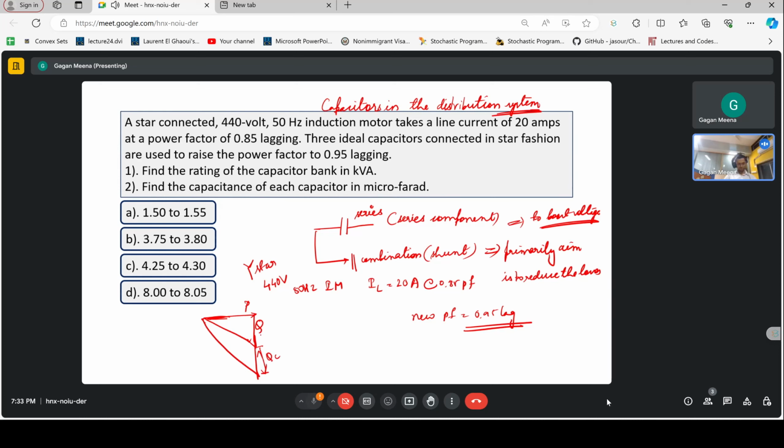So P you can calculate from here. 20 amps. So power is root 3 VL cos phi. This is root 3 into VL into IL, star connected, and 20 amps.